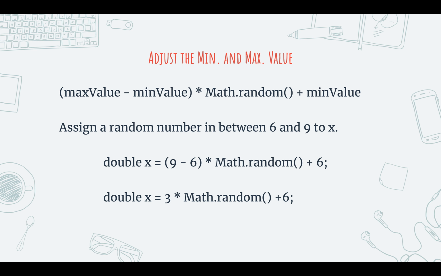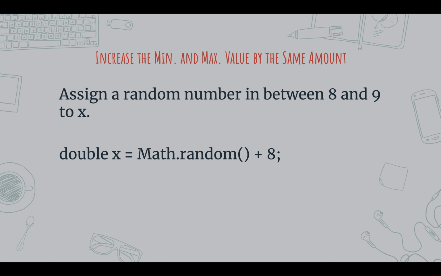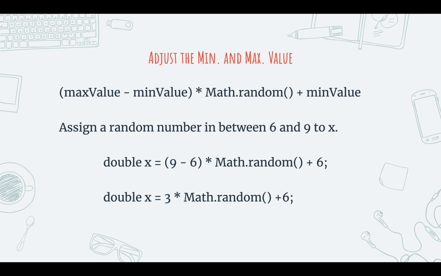So this is the equation if you want to adjust the minimum and maximum value at the exact same time. What you do is you subtract the max value by the minimum value. If you look at the previous example, 8 and 9, there's a difference of 1. So technically speaking, you multiply 1 to this entire equation, but what is something multiplied by 1? It's the same number, so we omit that. But here, let's say the difference isn't 1, it's a difference of 2.